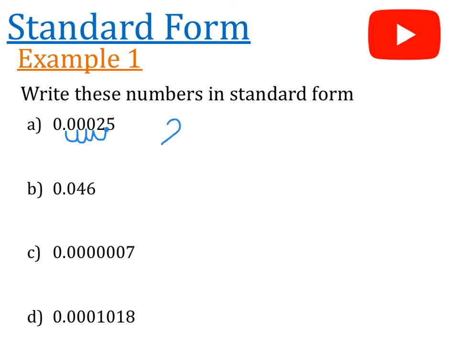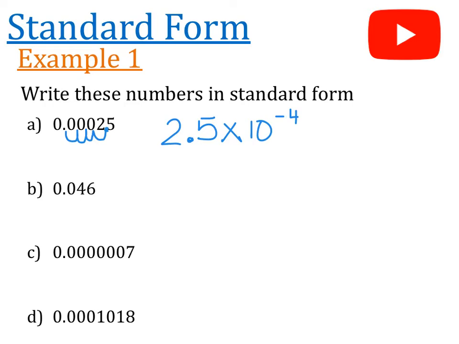So I'm going to have 2.5 times 10 to the power, and I'm not going to have the power of 4, because that would mean I have to add 4 places to the right. But this time I'm going to have minus 4, because it's a really tiny number, so the negative reminds me that it's going to be a really tiny number.